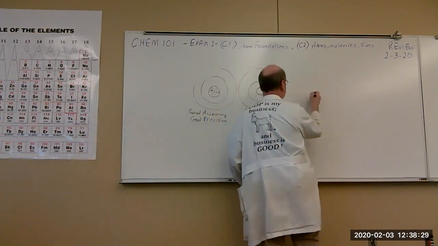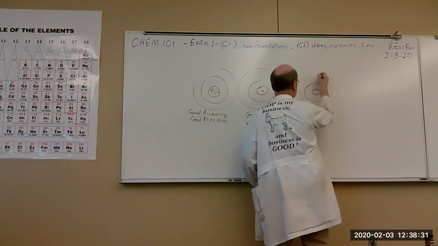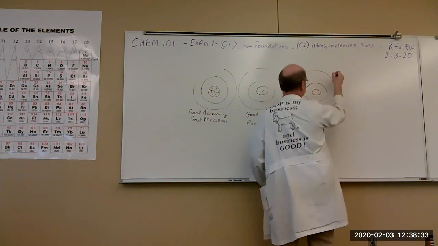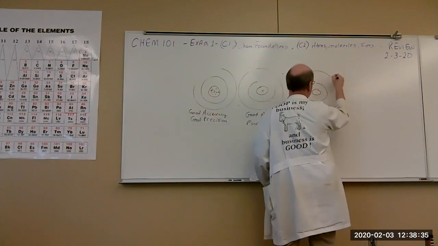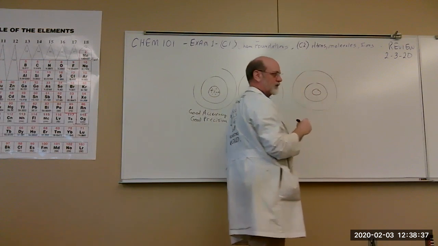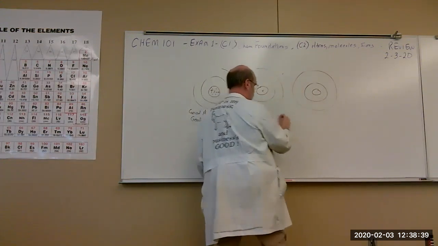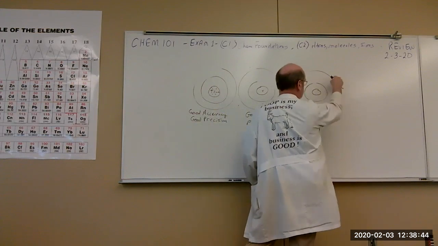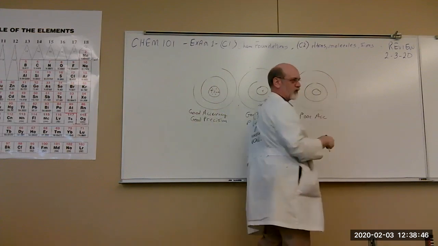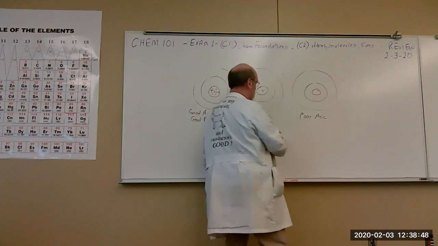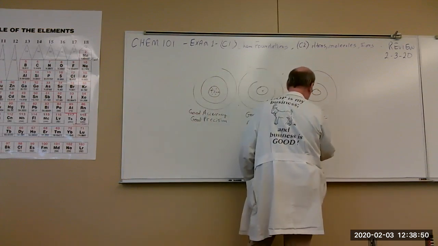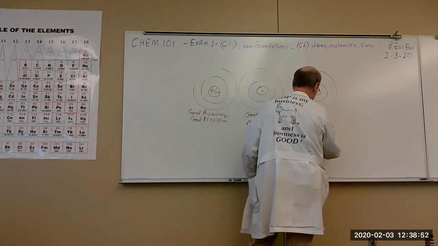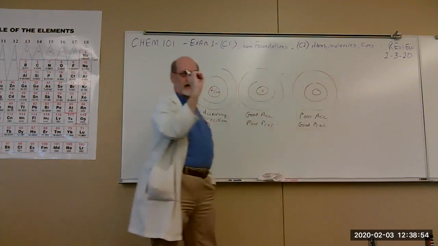Another possibility is that. So that would be poor accuracy, because the average of those is up here, nowhere near the bullseye. But they're good precision because they're grouped tightly.